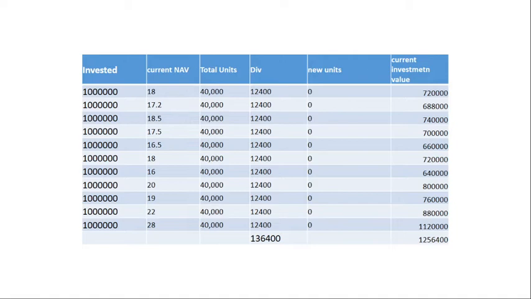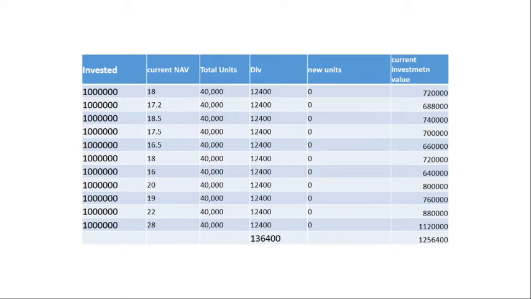After 1 year, when the NAV is 28, his current investment value is 11 lakh 20,000, and he has got a dividend of 1 lakh 36,400. Adding the investment value plus the dividend, he has only 12 lakh 56,400 in this scenario.